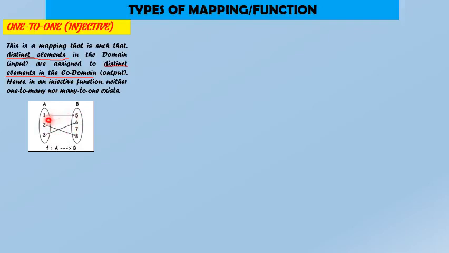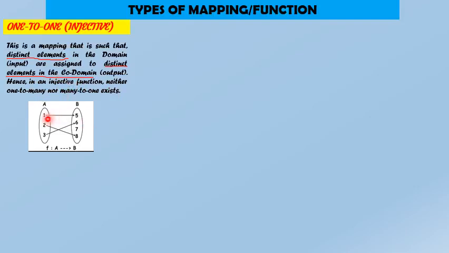We cannot have one-to-many. That is, we cannot have one element in the input that is going to map with more than one element in the output, and we cannot have one element in the output that is associated with more than one element in the what? In the input. That's why we have said that in the case of one-to-one mapping, neither one-to-many nor many-to-one exists.